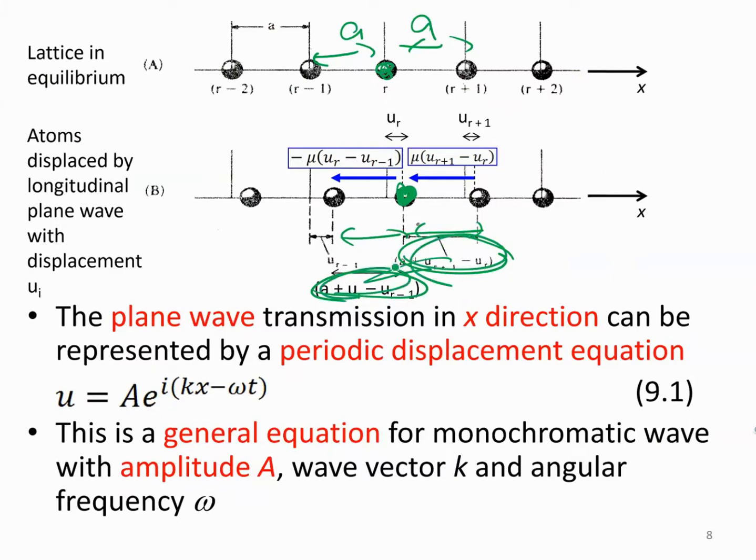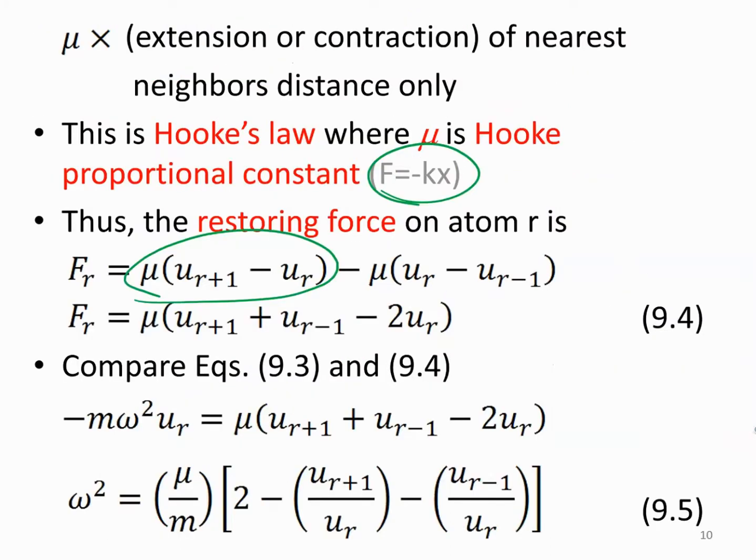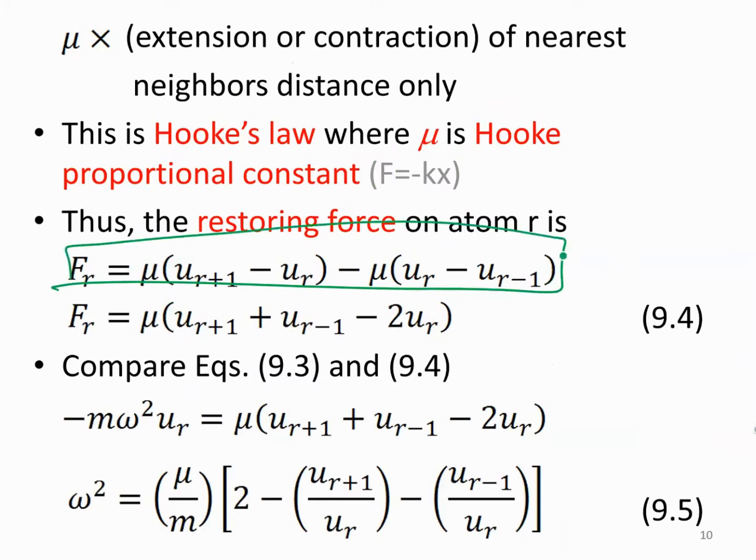So we get mu times (UR plus 1 minus UR), the first distance minus the second distance. Then times the Hooke's constant, then you get F. Then from this equation, we can simply rewrite into this one, by just doing some very simple mathematical calculation.